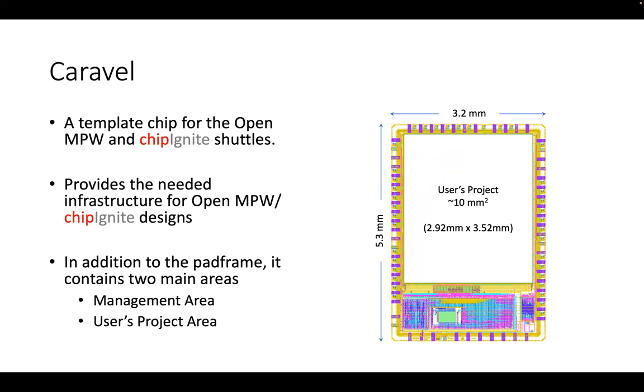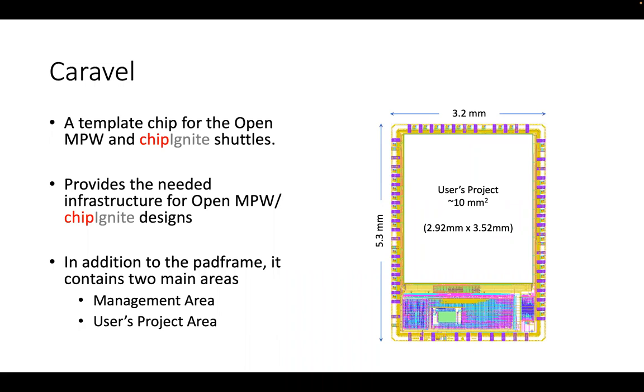But just as a quick recap, we can mention that Caravel is a template chip for the Open MPW and Chip Ignite shuttles. It provides the needed infrastructure for these Open MPW chip and Chip Ignite designs. In addition to this infrastructure, there are the pad frame and means for clocking and resetting.